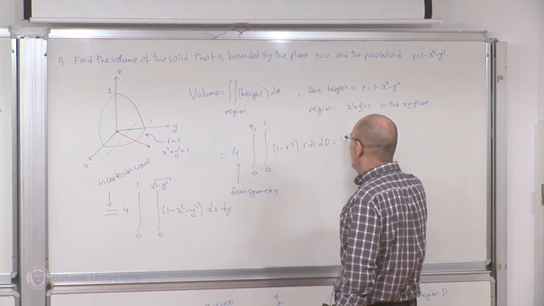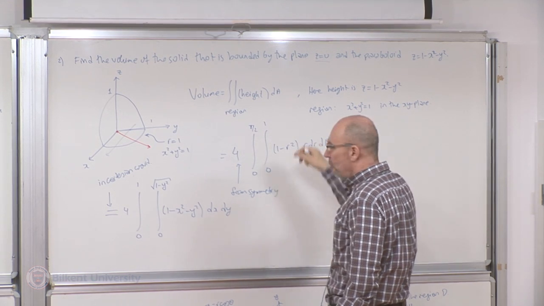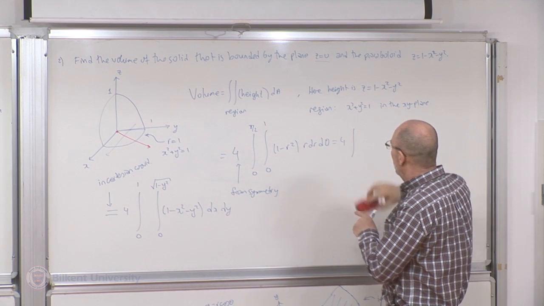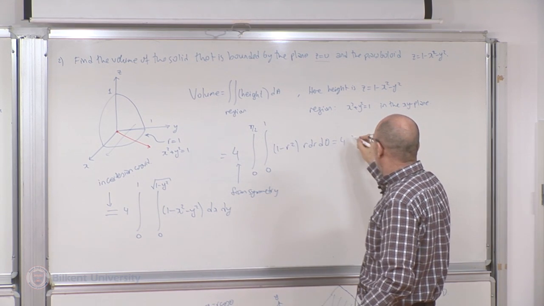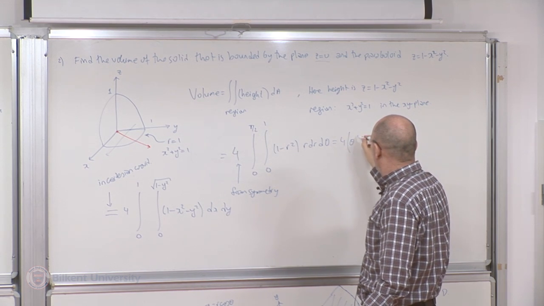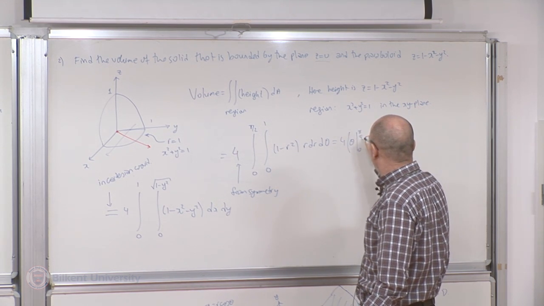This is 4 times integral. Well, actually, I can immediately evaluate this because the integral with respect to r has nothing to do with theta. So this thing is theta from 0 to pi over 2, just to demonstrate this.